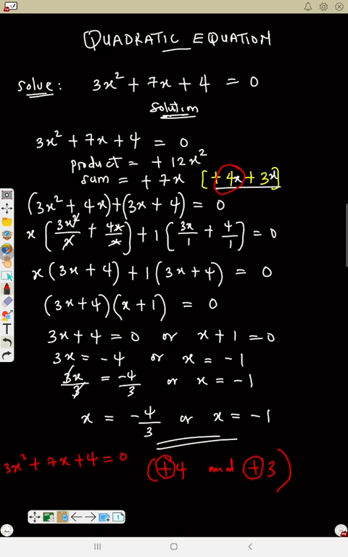This plus will change to minus. That will just be minus 4 or minus 3. So minus 4, minus 3 normally should be the answer, but look at your question.